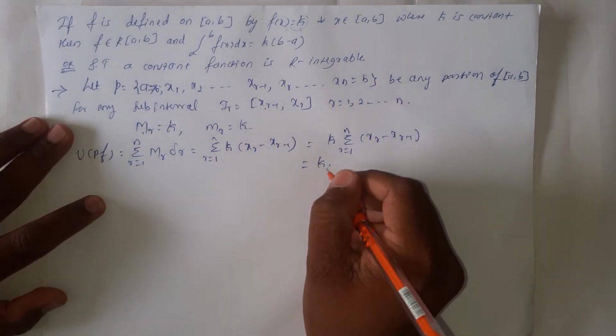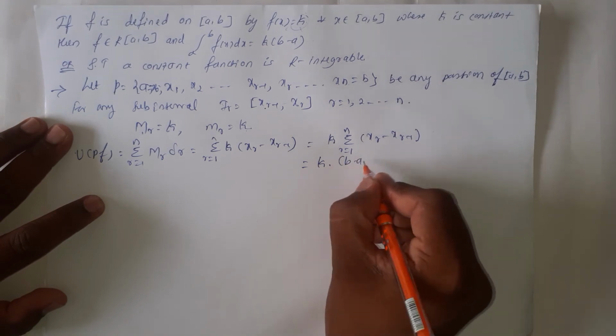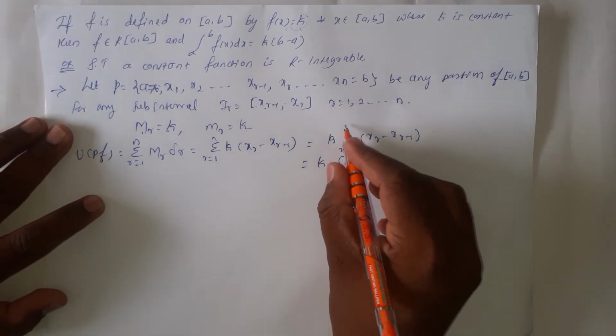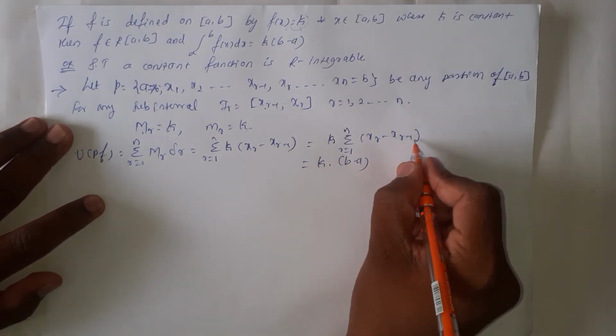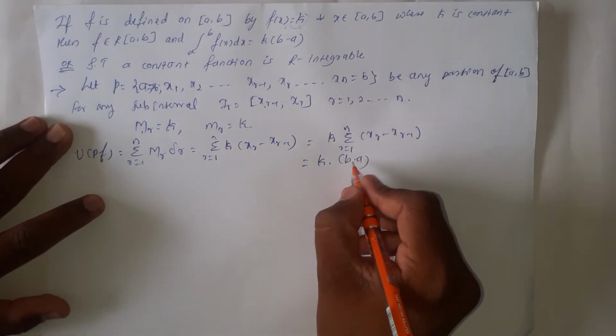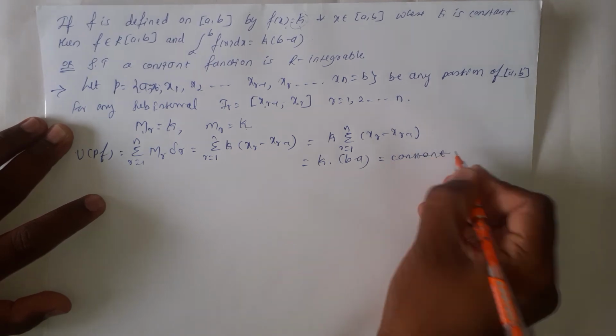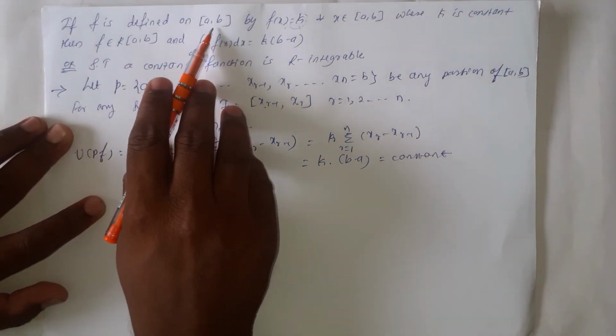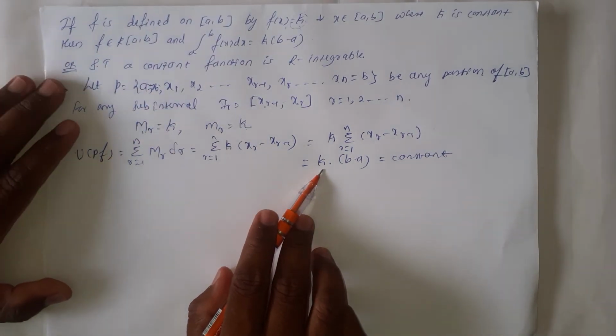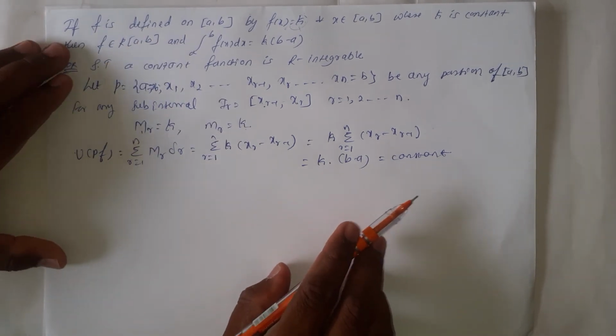So therefore that is k into b minus a, its value. Summation over r is equal to 1 to n of xr minus xr minus 1 is equal to b minus a, which is nothing but a constant, because the length of this interval is constant and also k is constant, then product of them is one constant.